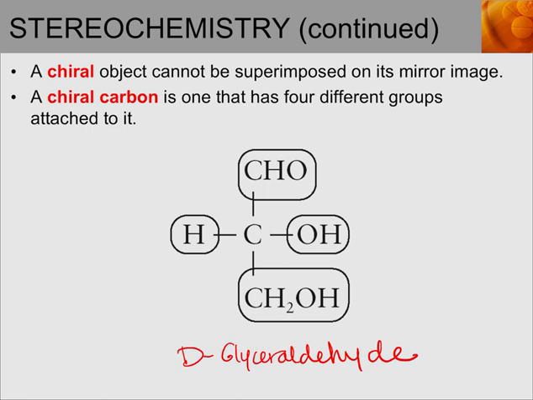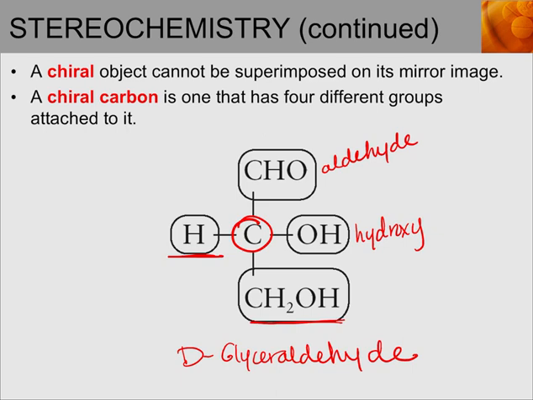And notice that if we focus on this central carbon, it is bonded to 4 different groups. It's bonded to that aldehyde group on the top, the hydroxy group on the right, the CH2OH group on the bottom, and then a hydrogen on the left.